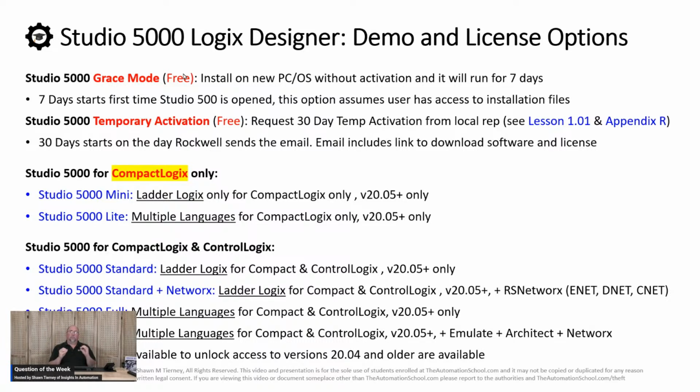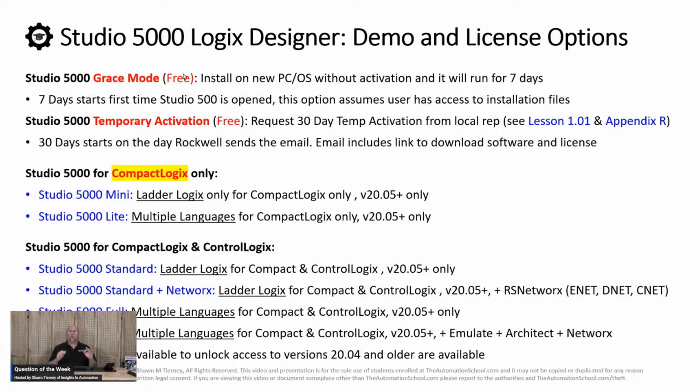The reason is, you're working in the middle of the night, your laptop with the activation crashes, and you need to get this very expensive, maybe multi-million-dollar system up and running. Well, grab another laptop off the shelf, install the software, and it will run for 7 consecutive days free of charge, full featured. That gives you the time to get through your emergency, and then you can worry about resetting your activation with Rockwell during normal business hours. So that's called grace mode.